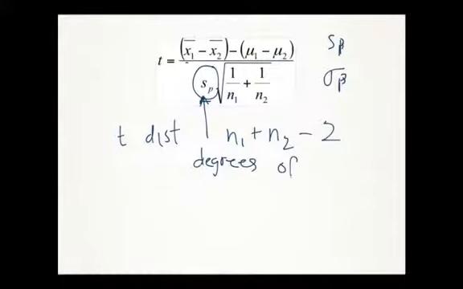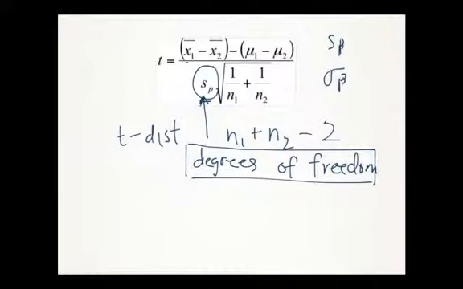Remember, we said that different distributions have different parameters. For example, for the normal distribution, the parameters were the mean and standard deviation. For the t-distribution, the important parameter is the degrees of freedom. And so here we have n1 plus n2 minus 2 degrees of freedom for this test.